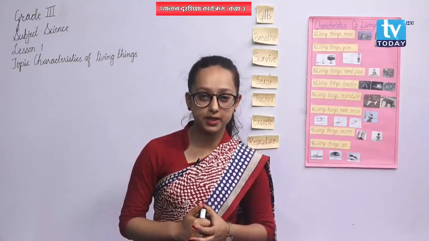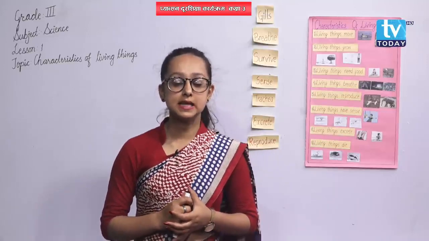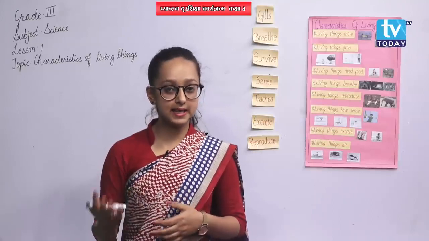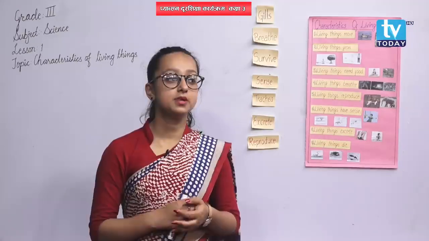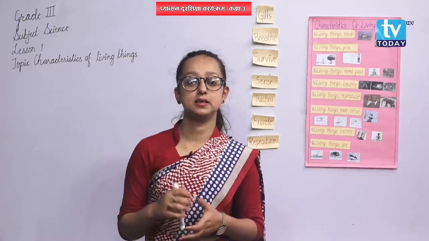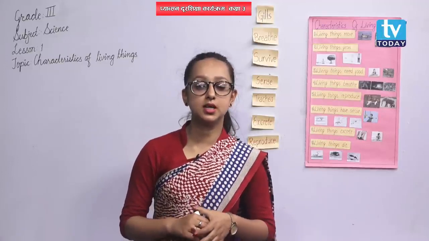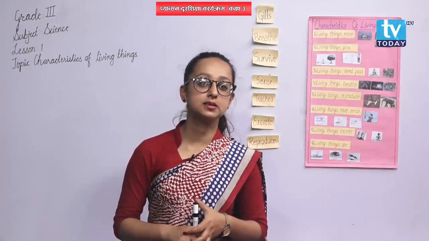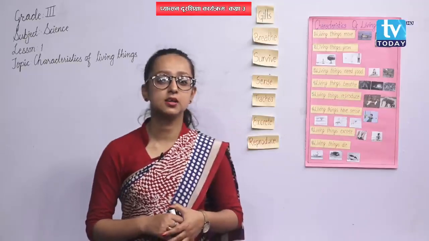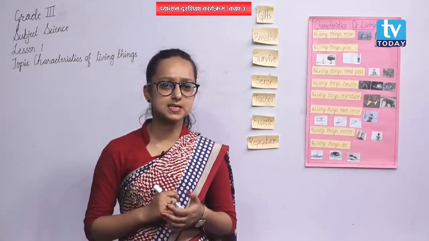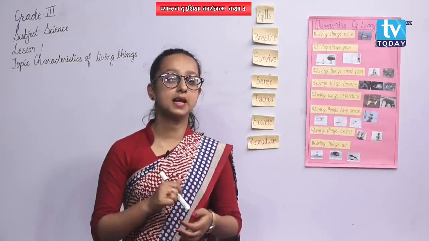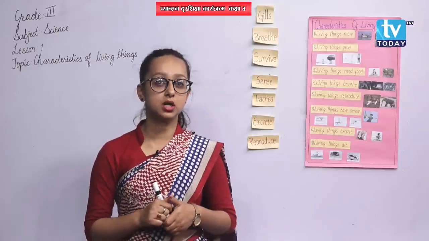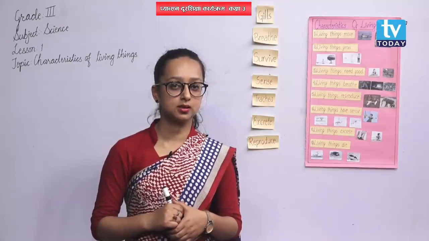In a similar way, living things reproduce. Some of them reproduce by laying eggs, whereas some of them give birth directly to their young ones. Are you getting me? Especially the birds and insects reproduce by laying eggs, and mammals directly give birth to their young ones.